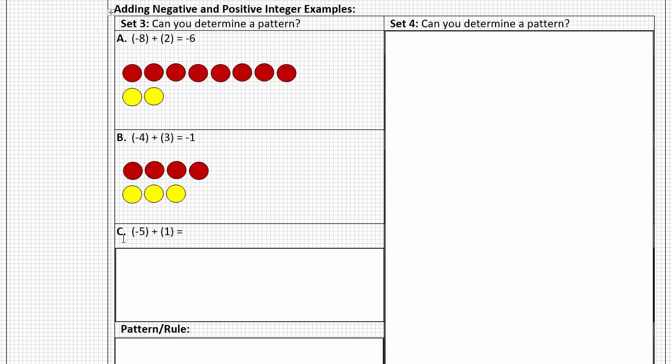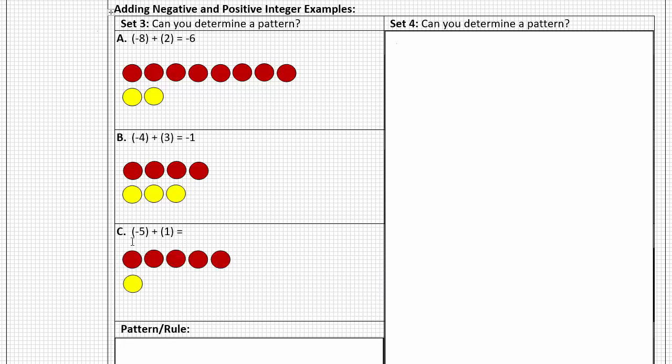And for letter C, our last problem in this set, we would have 5 negatives with 1 positive, remembering to cancel out our 1 zero pair. That then leaves us with negative 4 as our chips left. So negative 5 plus 1 equals negative 4.